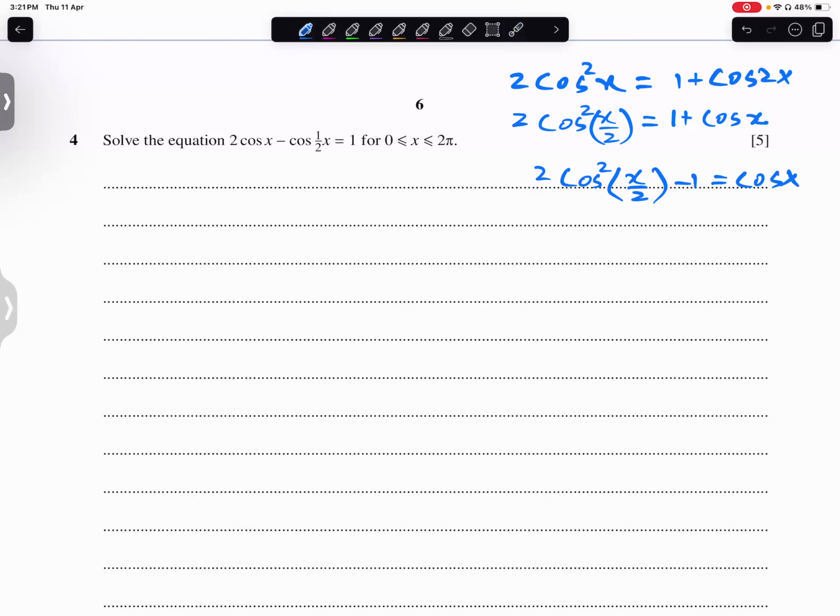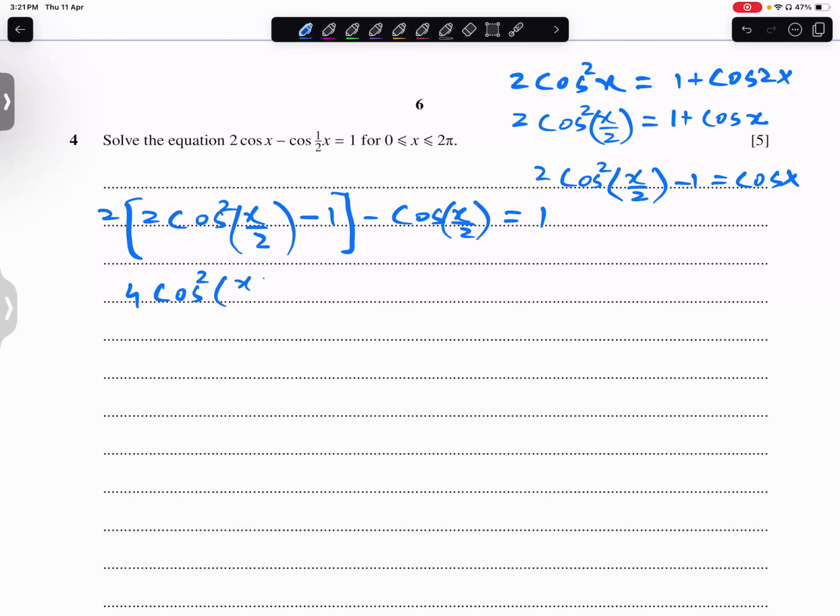Now just use that cos x here. So 2 times the value of cos x is 2 cos square x over 2 minus 1, minus cos x over 2 is equal to 1. So 4 cos square x over 2 minus 2, minus cos x over 2 minus 1 equal to 0.